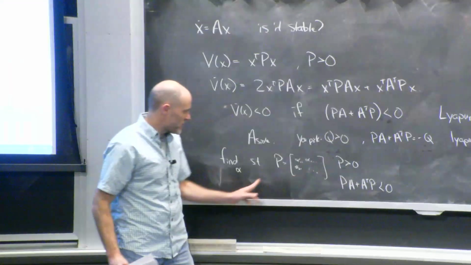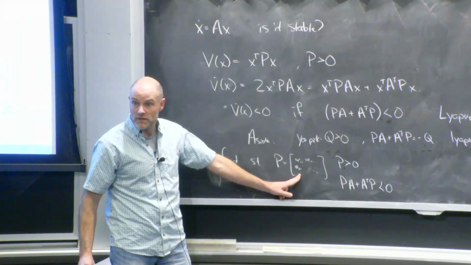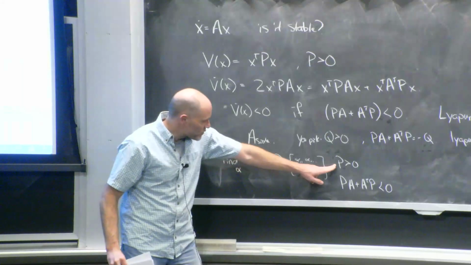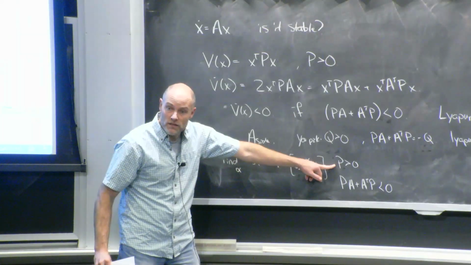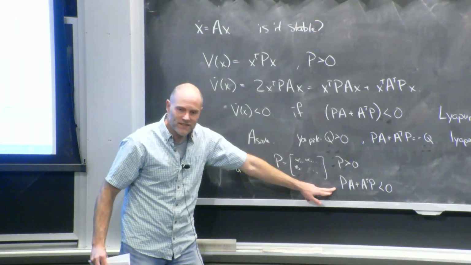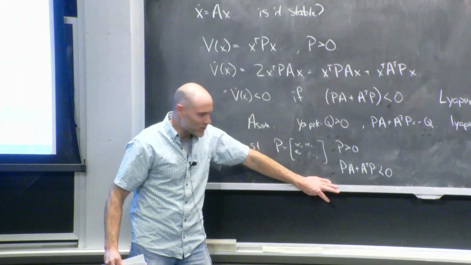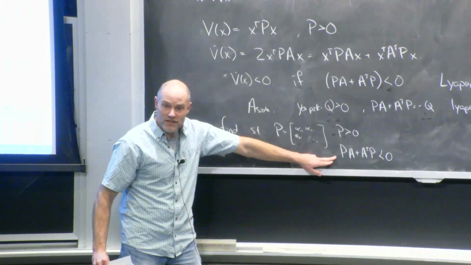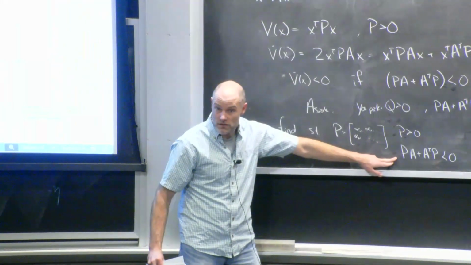This is the kind of thing we can solve with semi-definite programming. This one clearly is a positive definite constraint. This one doesn't look like a positive definite constraint. It looks more complicated than that, but it can be one.